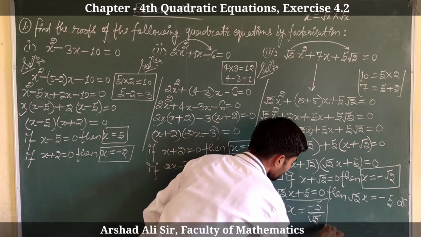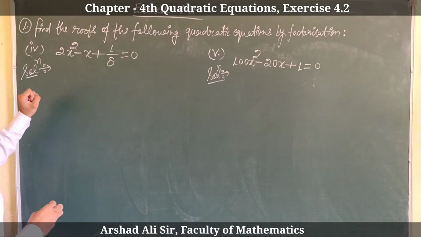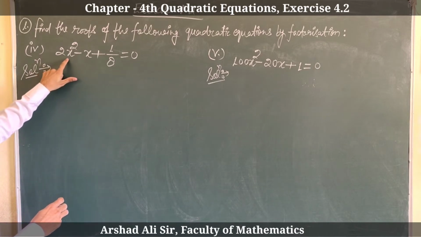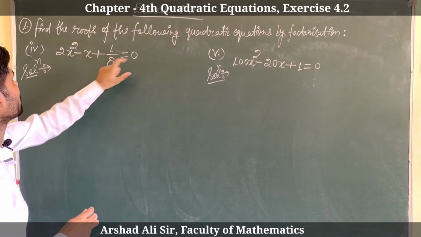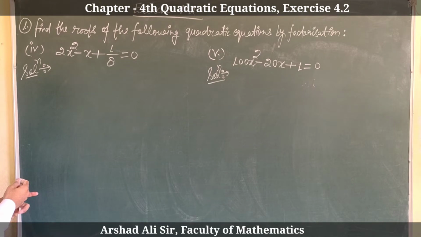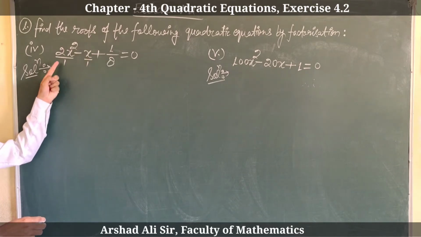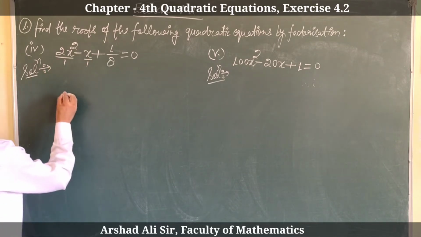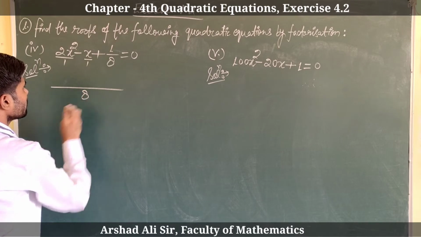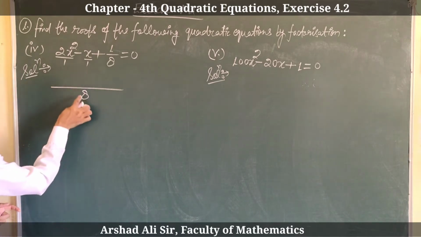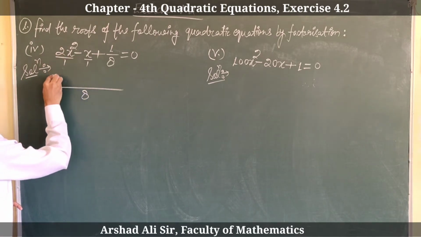Okay dear students, in the fourth part we have given a quadratic equation 2x square minus x plus 1 upon 8 equal to 0. In this question, in the starting we can take the LCM. Suppose 1 and 1 is the denominator of 2x square and x. Now 8 will be the LCM. 8 ones are 8 and 8 twos are 16.